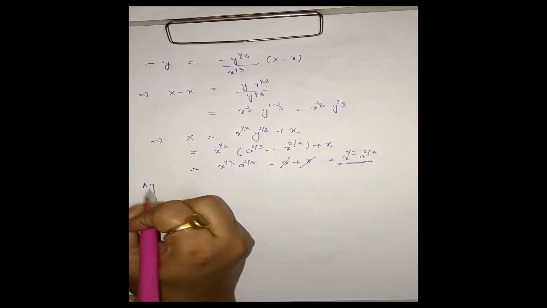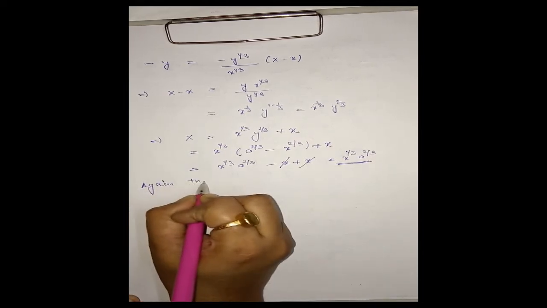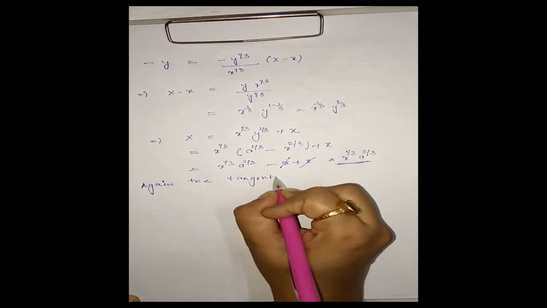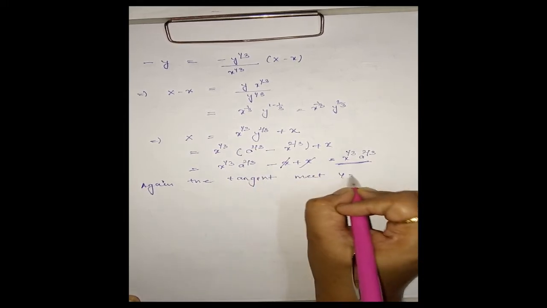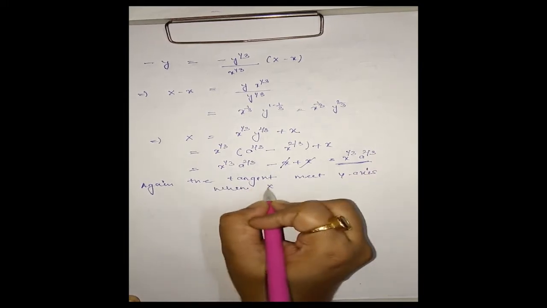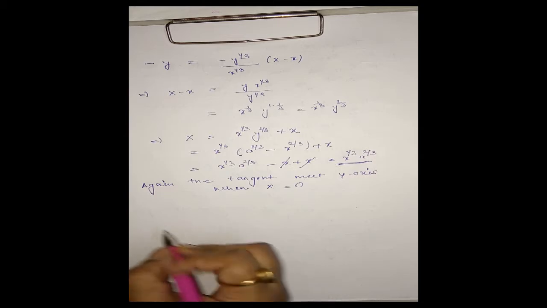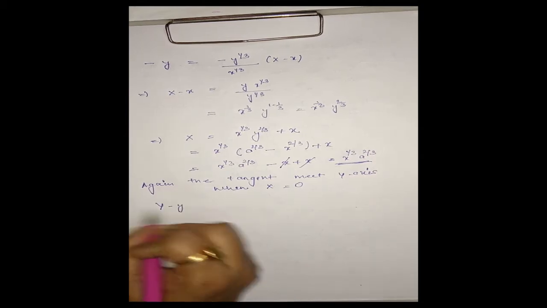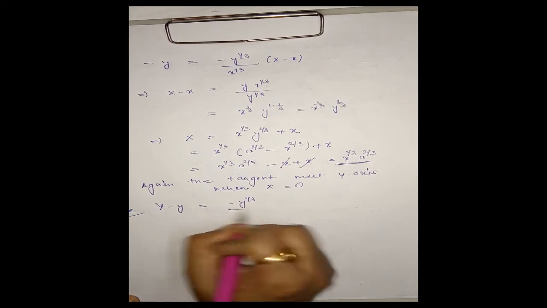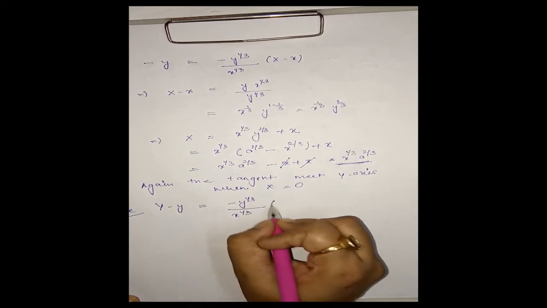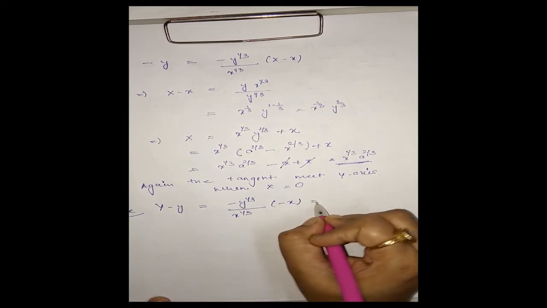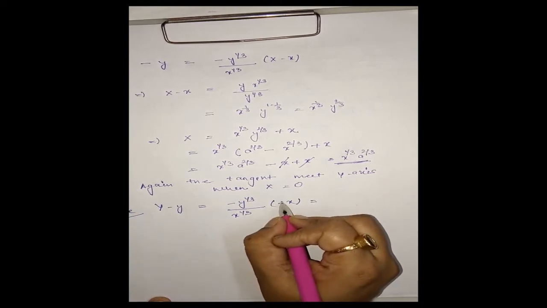Again, the tangent will meet the y-axis when x is 0. Taking x equal to 0 in the equation of tangent, the minus signs cancel out.